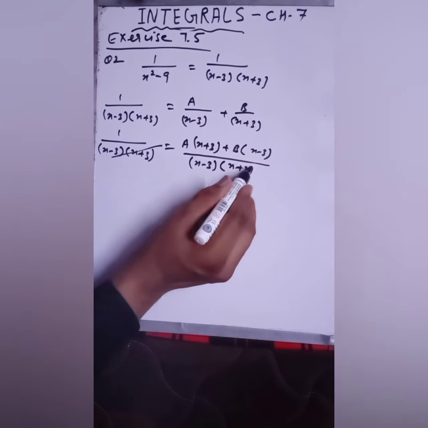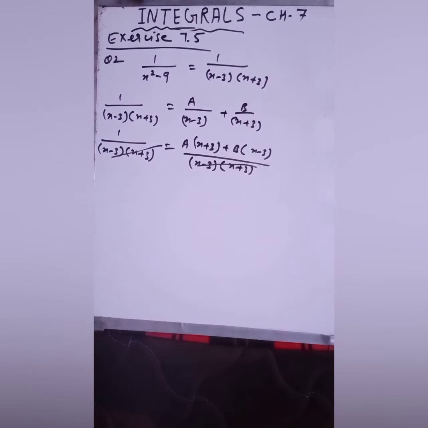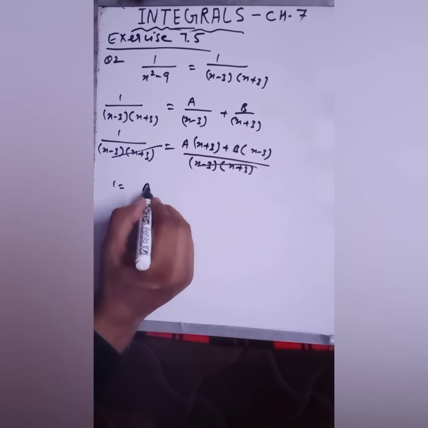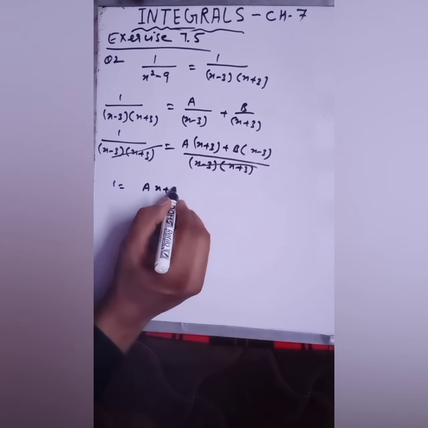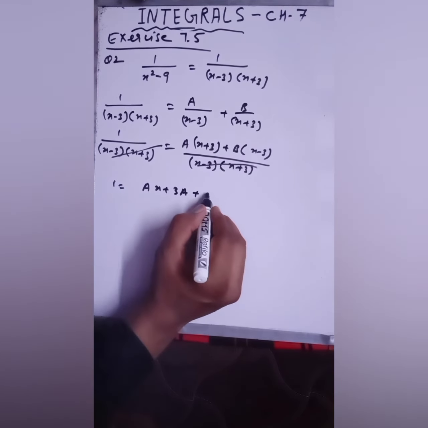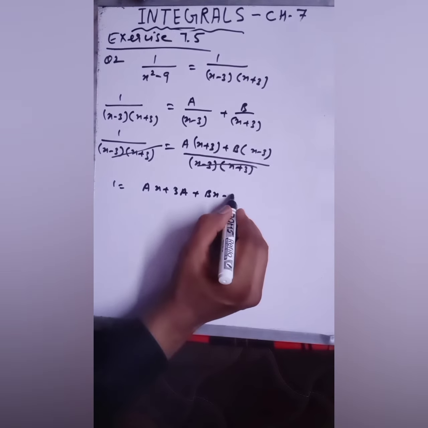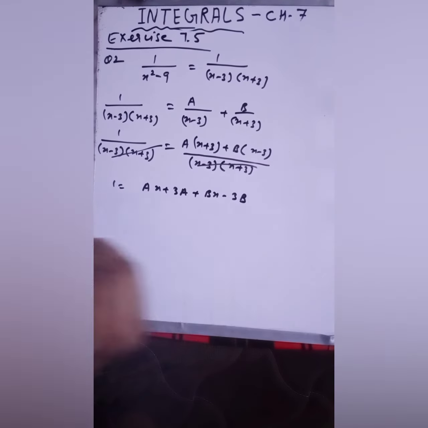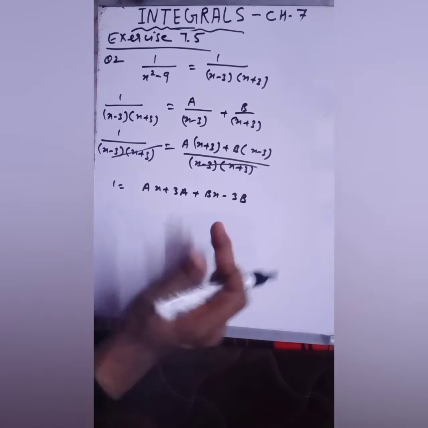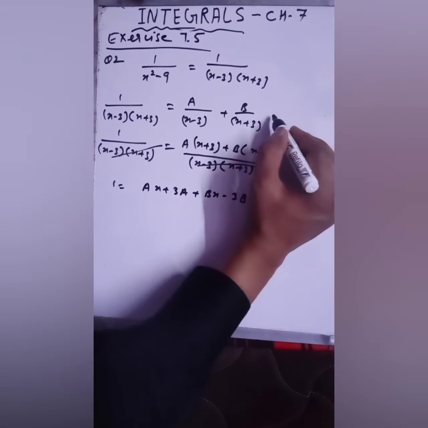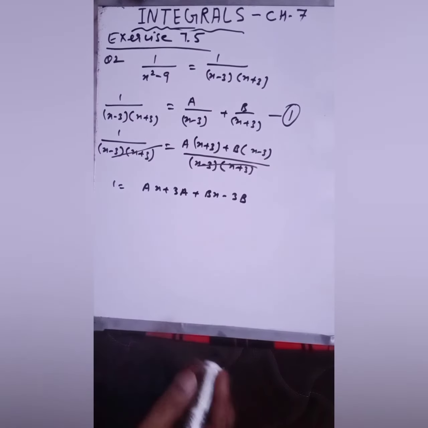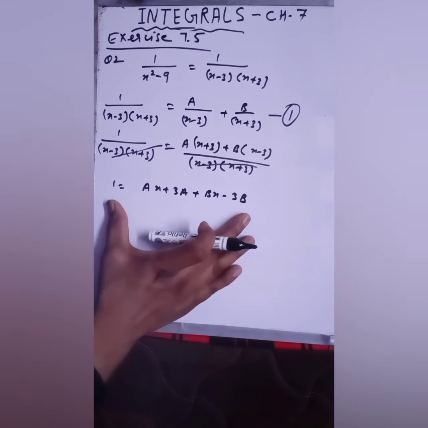Okay, so this whole term will cancel out. So you will get 1 = a(x + 3) + b(x - 3). Got it? So actually that was your equation number 1. So after solving, you will get this equation.